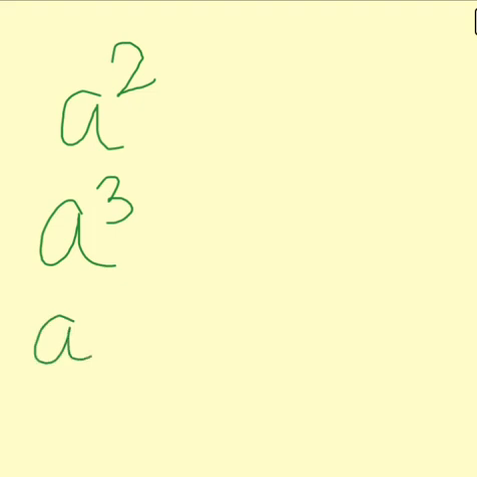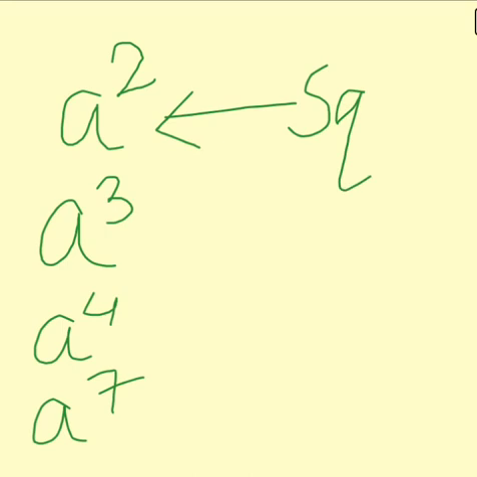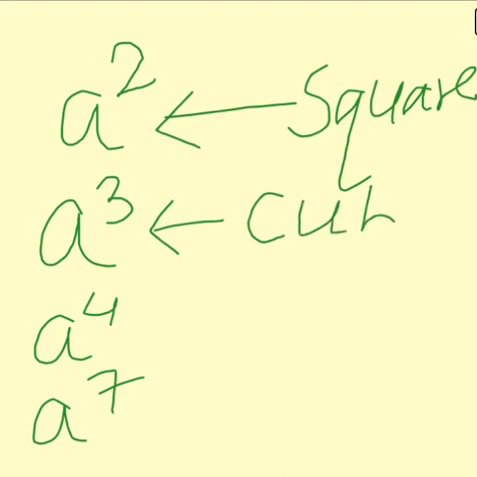I would like to provide some additional information regarding the power. If we write the expressions in this manner, you can see on the screen. Let me tell you that number 2, when written as power, is read as square. So here it is a square. When 3 is written as power, it is read as cube. So we call it a cube.